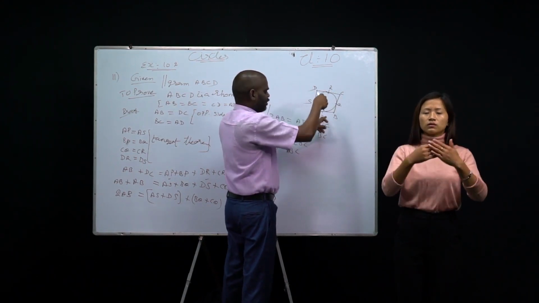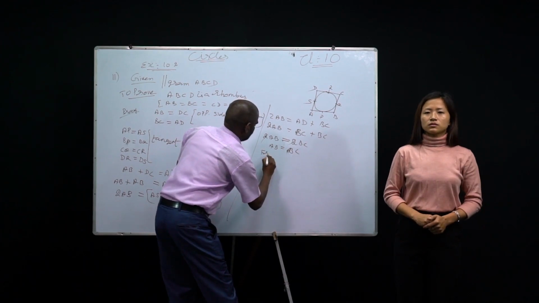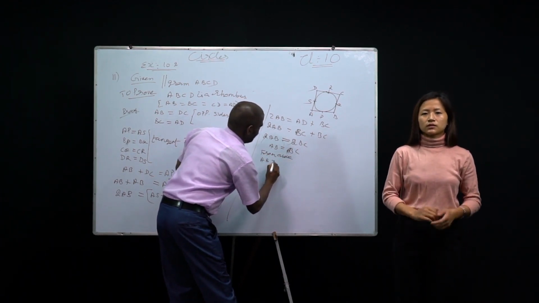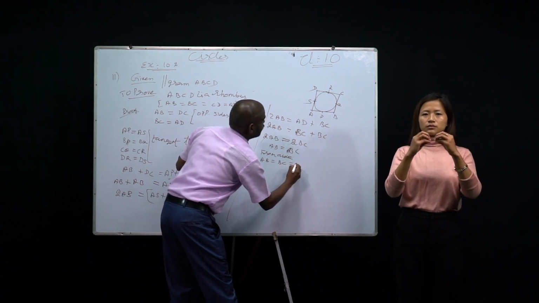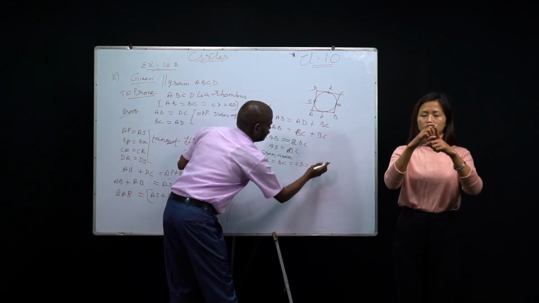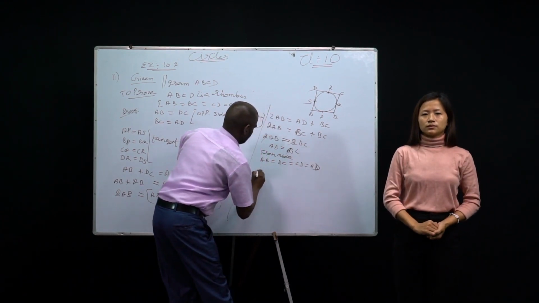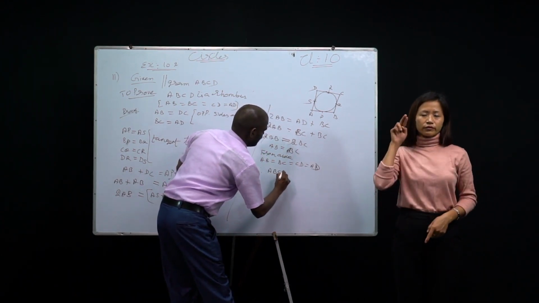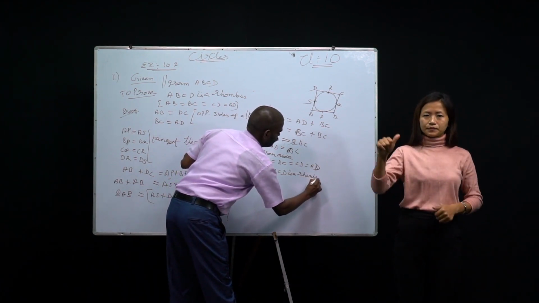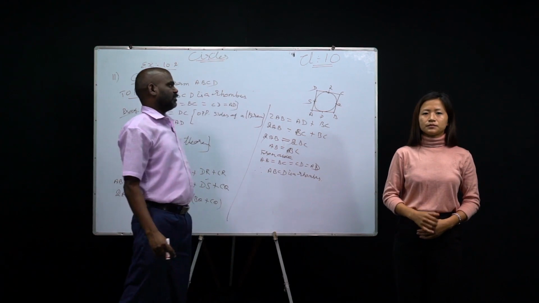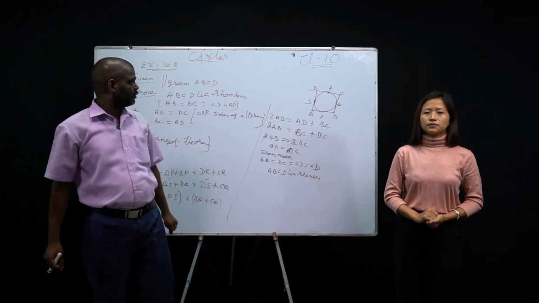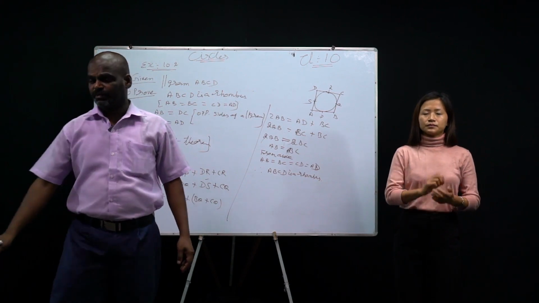That means everything is equal. AB equal to BC equal to CD equal to AD. Therefore, ABCD is a rhombus. Okay, children, your answer is over. Write fast.